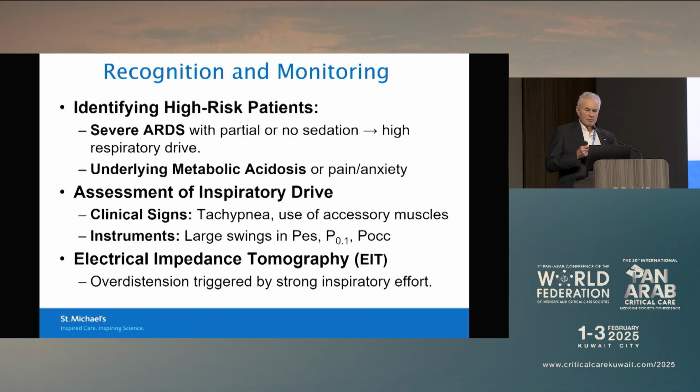If patients have metabolic acidosis, severe pain, they can have an increased drive to breathe. You can assess drive, as was mentioned, by clinical signs, accessory muscles, tachypnea, and you can make some measurements. You can look at swings in esophageal pressure. If the swings in esophageal pressure are greater than about 15, it could be happening. Breathing spontaneously, patients who have very, very large tidal volumes.